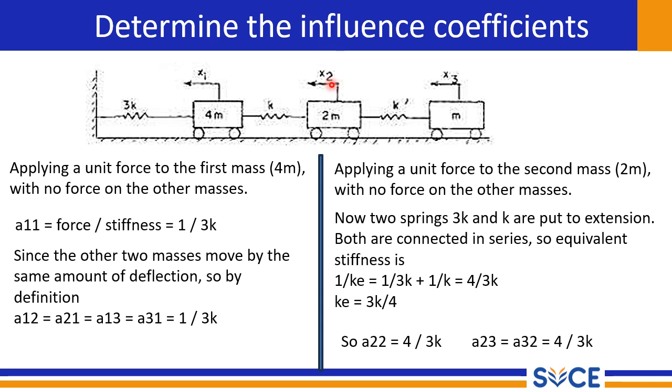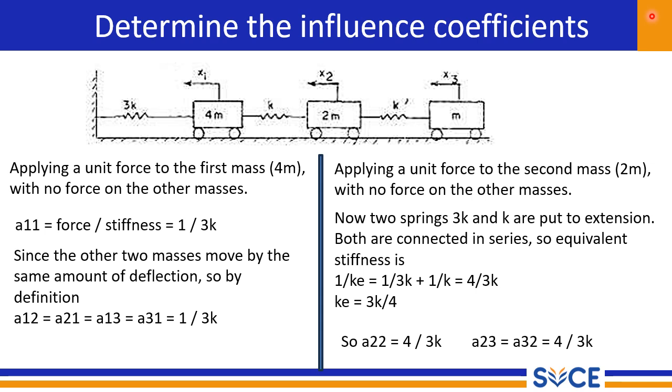Mass 2 doesn't have any separate displacement at x2; it is once again the displacement of the first mass that we have to account for. So we get 1 by 3k, and A12, A21, A13, A31 are all equal to 1 by 3k.